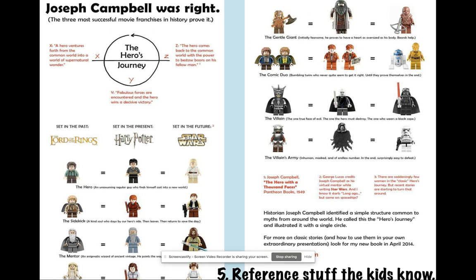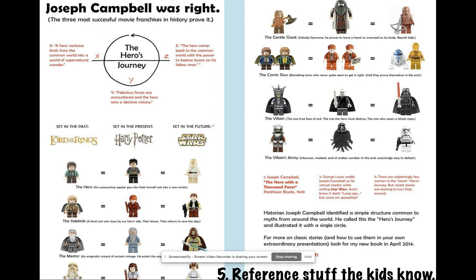And in Joseph Campbell's analysis of the hero's journey as it shows up in movies and mythology and fiction, there are different characters. There's a hero and a sidekick and a mentor and a gentle giant and a comic duo and a villain and the villain's army. And here, of course, the visual is using Legos, one thing very popular with kids, and two, Lord of the Rings, Harry Potter, and Star Wars.